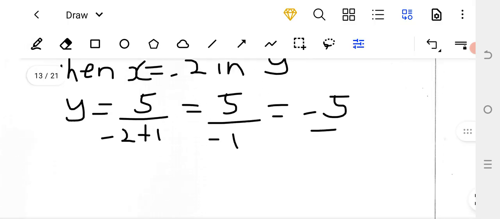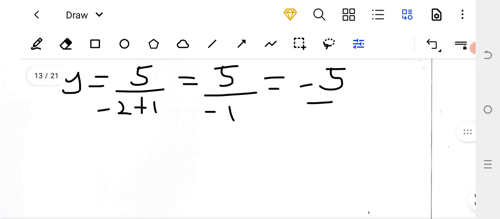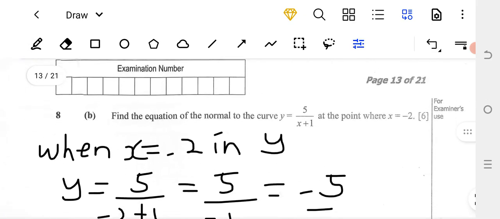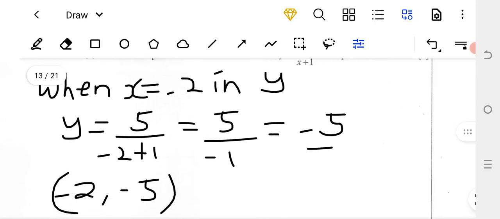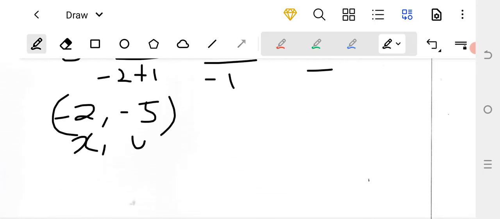So how have I done what I've done? I'm trying to form a coordinate. So we know when x is equal to -2, y is -5, and this is our (x, y).